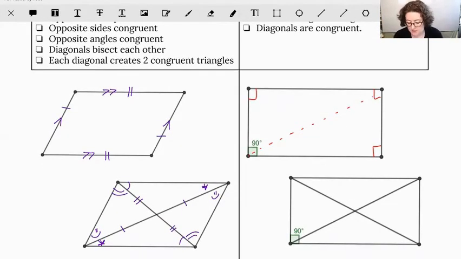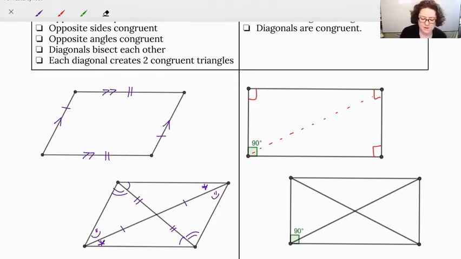That means if the diagonals themselves are congruent, then when we bisect them, when we cut each one of them in half, what's going to be true about the halves? Well, they're also going to be congruent. So if I had just two diagonals, let's say in our top rectangle, I have my red diagonal and I have my green diagonal.